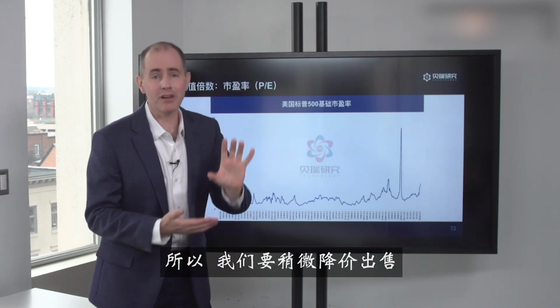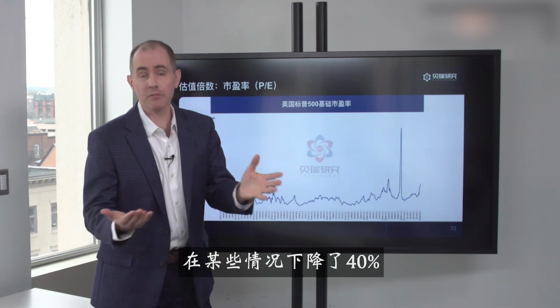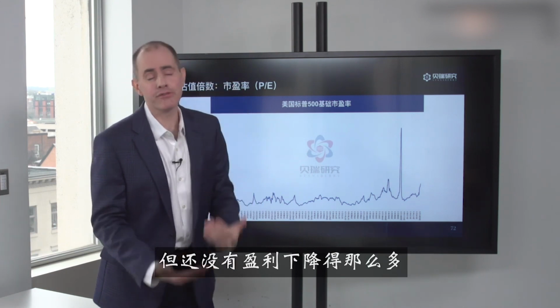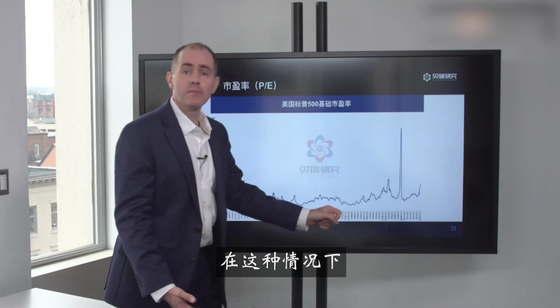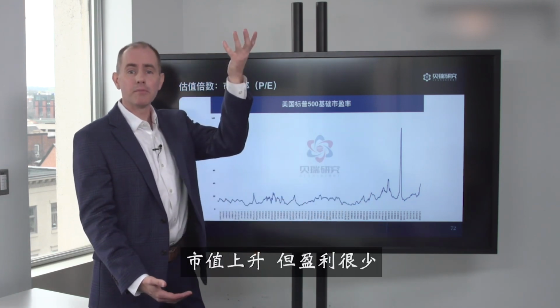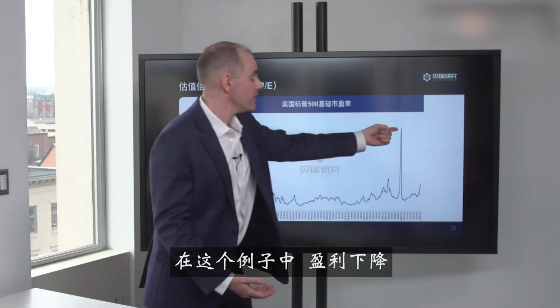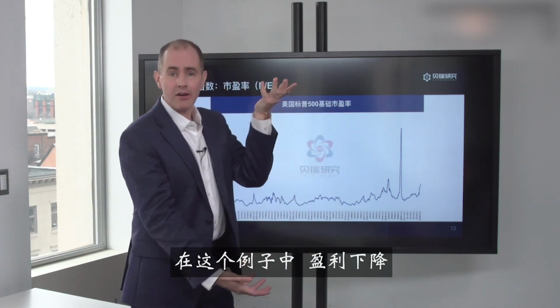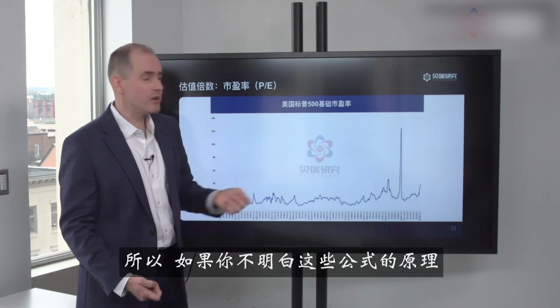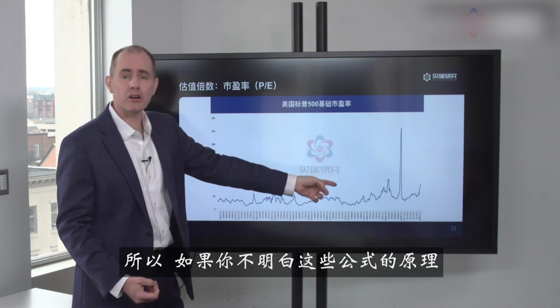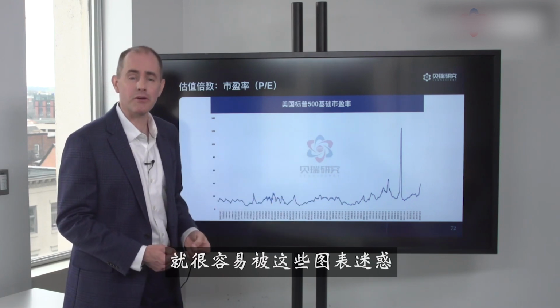So we're going to sell the price down somewhat, in some cases down 40%, but not as far down as earnings dropped. In this case here, you had P going way up with very little earnings. In this case here, you had E going down, P going down somewhat, but not as much as earnings dropped. So it's easy to be fooled by the charts if you don't understand how the equations can work.